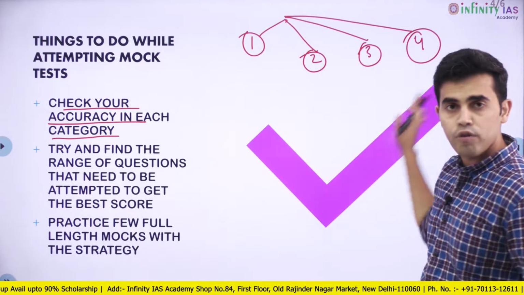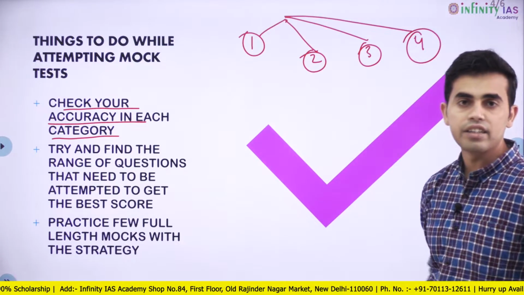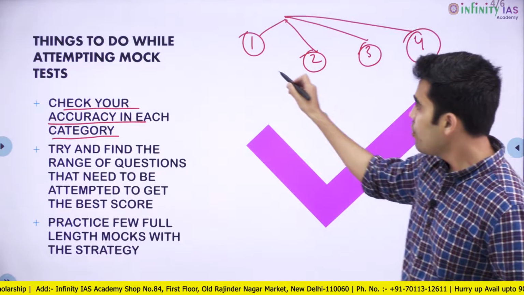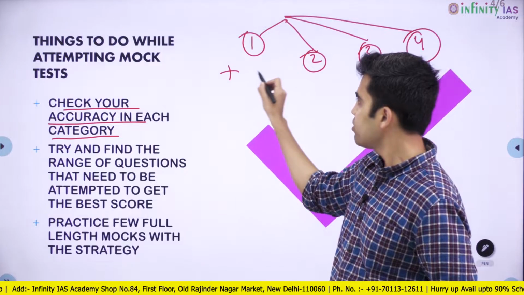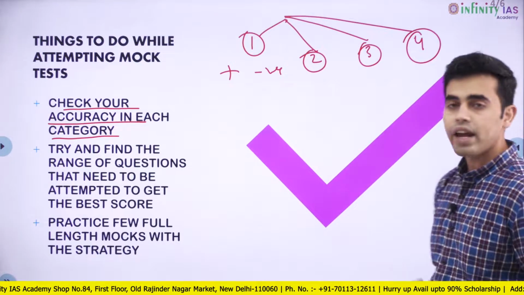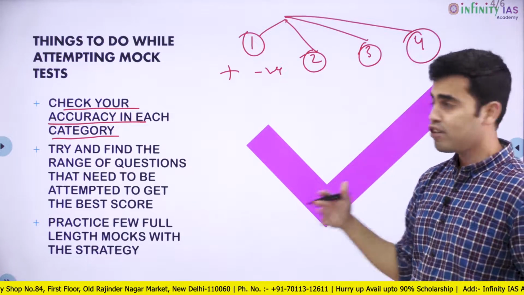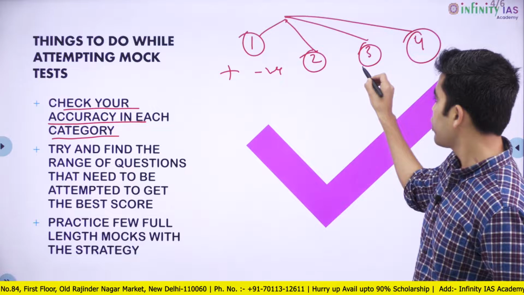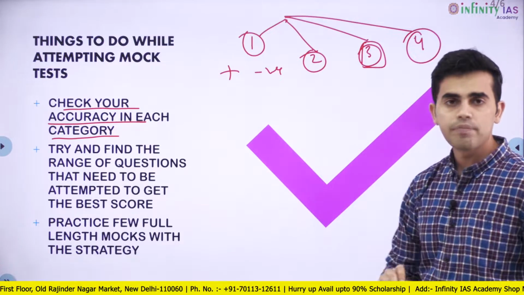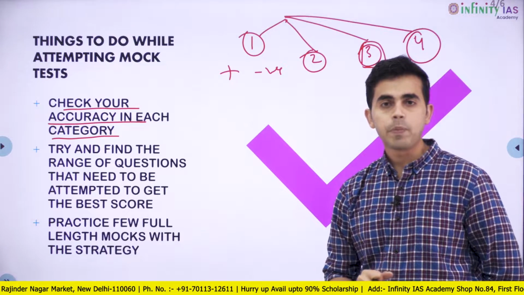So classify your questions and calculate your marks in each category. See how many marks you are getting positive and how many negative in each category. Check your accuracy. For example, if you are getting a lot of negative marks when you can only eliminate one option, try minimizing it in the next mock test.